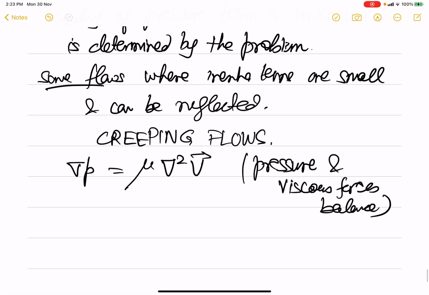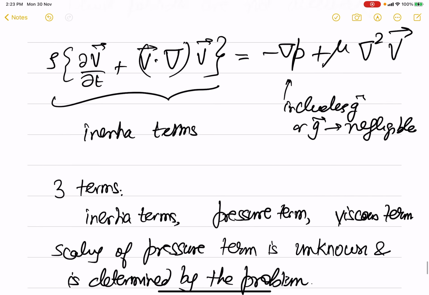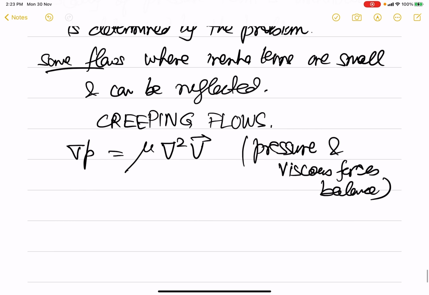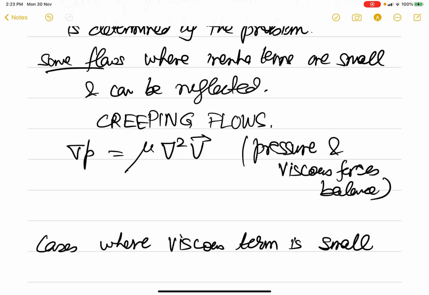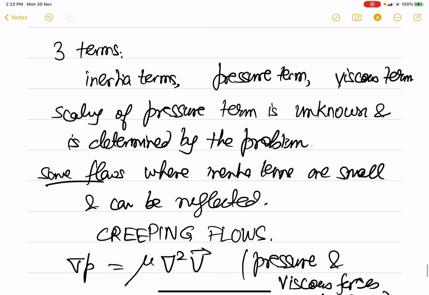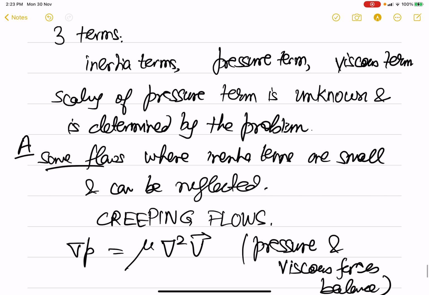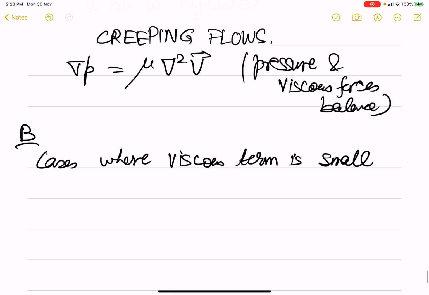But what we are going to focus on in the next few lectures will be the cases where the viscous term is small. So this would be case B, that would be case A. So case B will be cases where the viscous term is very small, which means mu del square V is nearly equal to 0. Well, we have discussed one case where mu del square V is exactly 0, when we have incompressible irrotational flow.